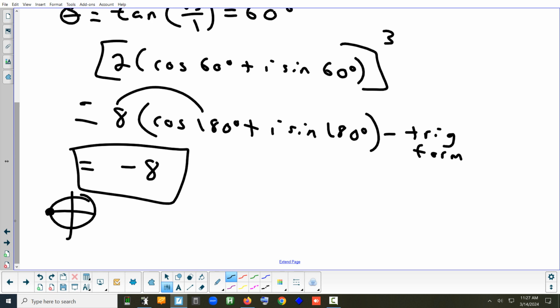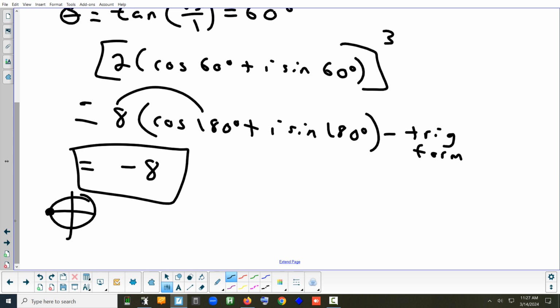So you can kind of infer it, but basically to get from trig form to rectangular form, you just distribute.